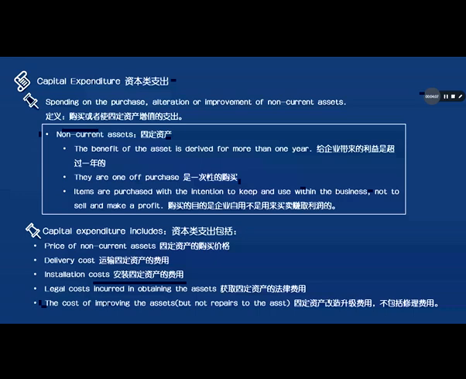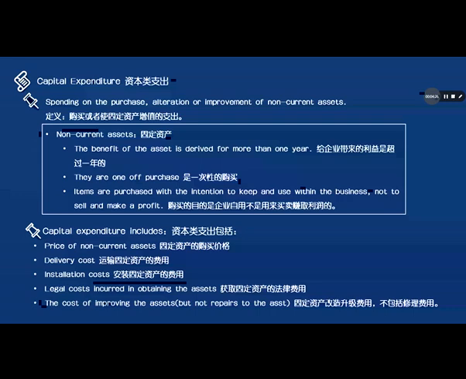And at last, sometimes the business needs to update or renovate or extend their non-current assets, which is called non-current asset development. This expenditure is also recognized as capital expenditure.